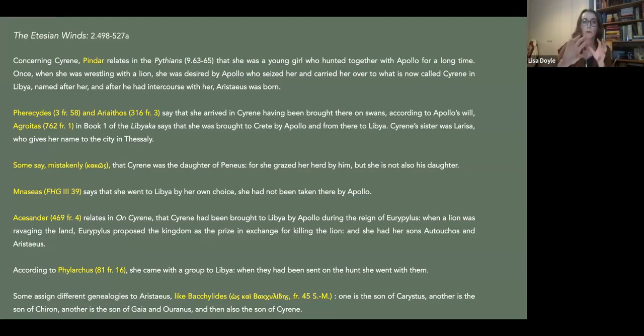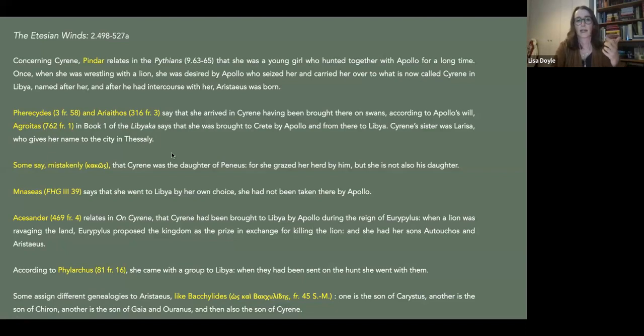So the problem that the commentators are dealing with is a genealogical problem, dealing with Cyrene's family, who is Cyrene's father, and then dealing with her son Aristaeus and who his parents actually are. And just to point out, kakos, that's a key word used there.